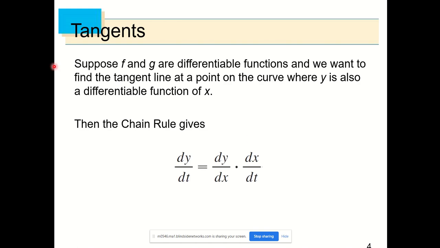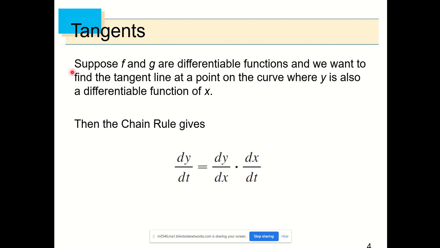Okay, so here, suppose that there are two functions, f and g. And these functions are written in terms of x. Let us suppose that function f is written in terms of x and function g is written in terms of x. So let us say these are two differentiable functions, okay?